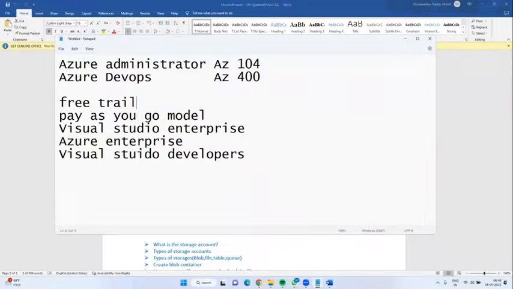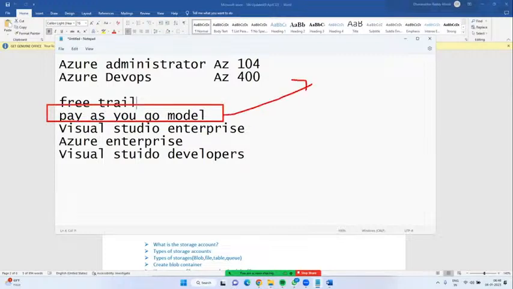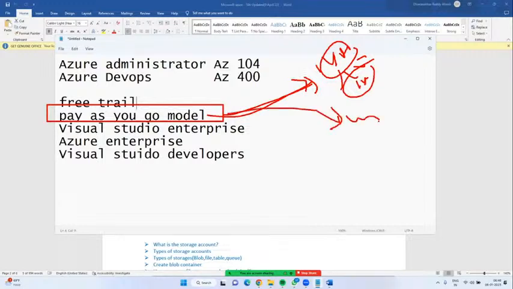For example, one project may be required for 1 year. After 1 year, they are going to destroy it. So they will take the pay-as-you-go model. Whatever services they deploy, they can consume for 1 year. After 1 year, they will delete this subscription.